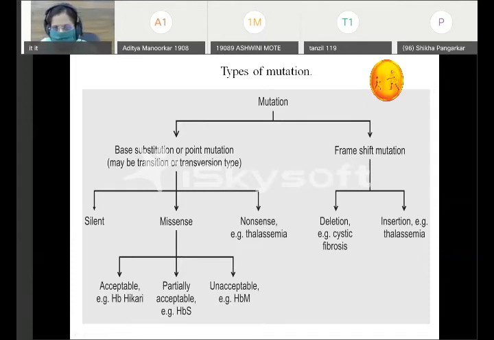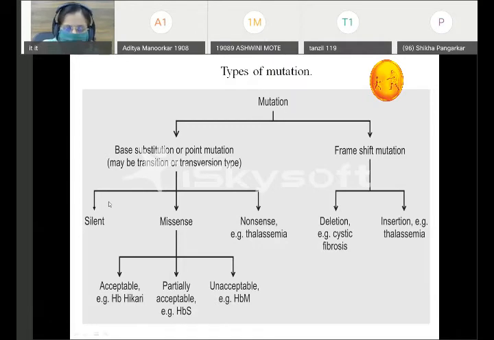Basically, there are two major types of mutation. The first one is base substitution, or point mutation. That means a single base is affected, which means it is substituted. A single base is substituted by another base. The consequence of this point mutation can be a silent mutation, a missense mutation, or a nonsense mutation.